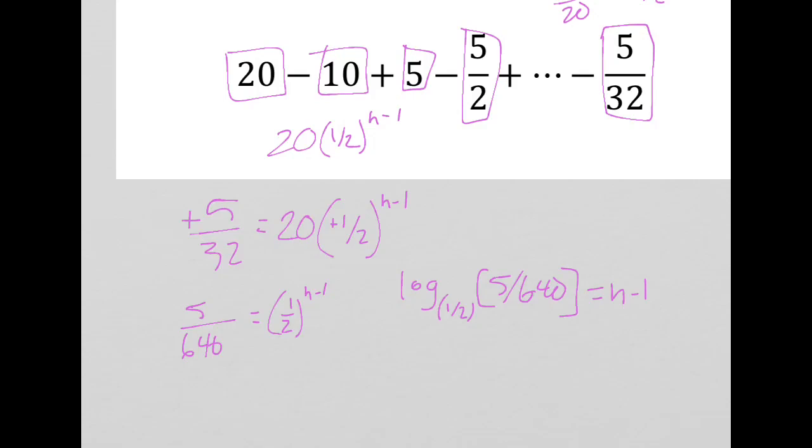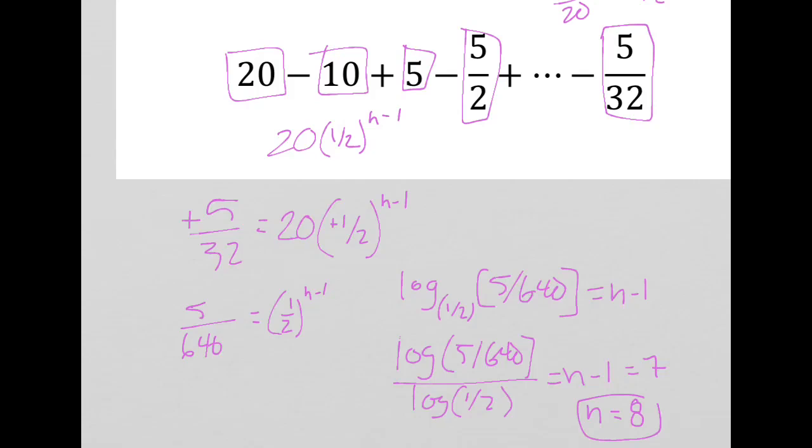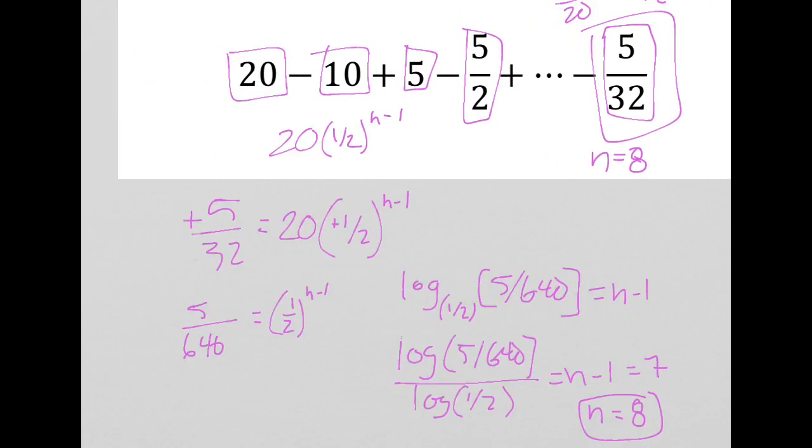And then we need to solve for n. So again, if you're on an old calculator, you gotta say the log of 5 over 640 divided by the log of 1/2. If you're on a new one, just hit alpha window and do a log base. Well, this will equal n minus 1, and you should get 7 for that, which means n equals 8. So this is our 8th term right there.